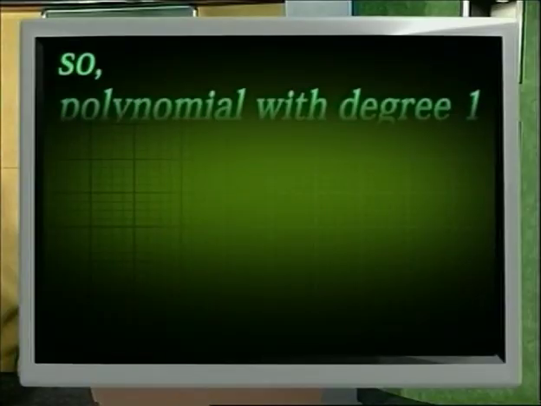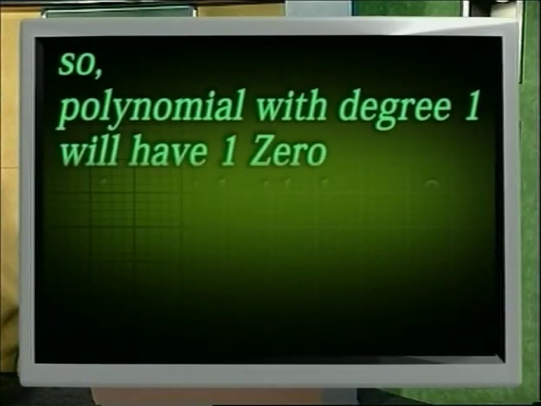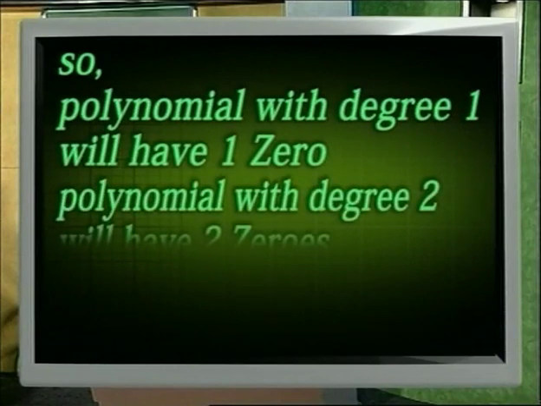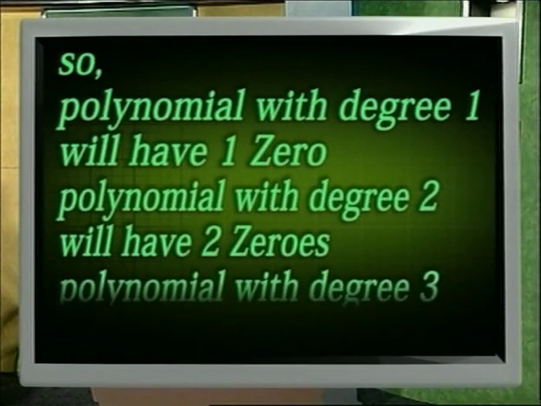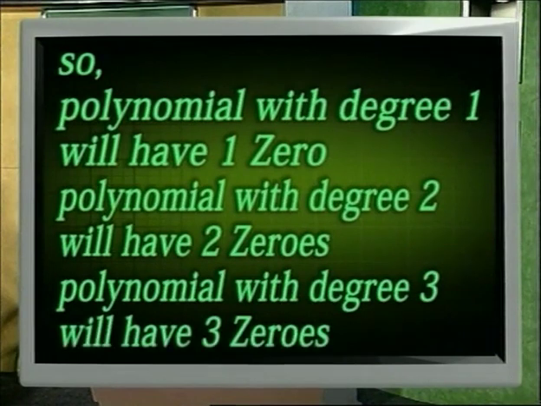Now the polynomials whose values are 0 are called zeros of the polynomial. So the polynomial with degree 1 will have 1 zero, the polynomial with degree 2 will have 2 zeros, and a polynomial with degree 3 will have 3 zeros. We will understand this in the later part of the chapter.